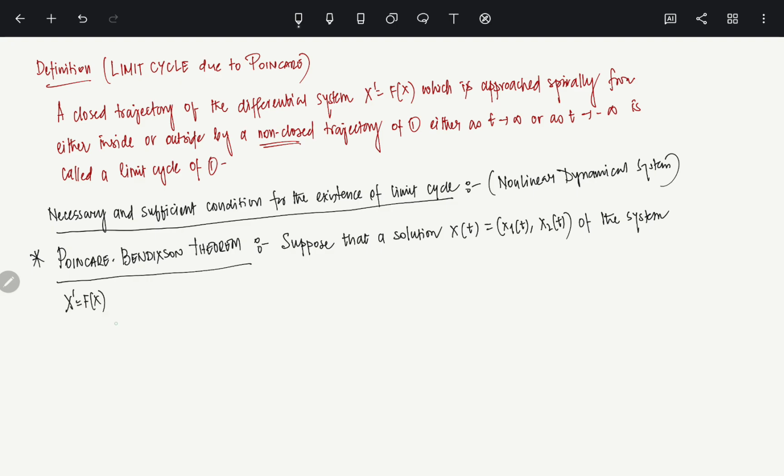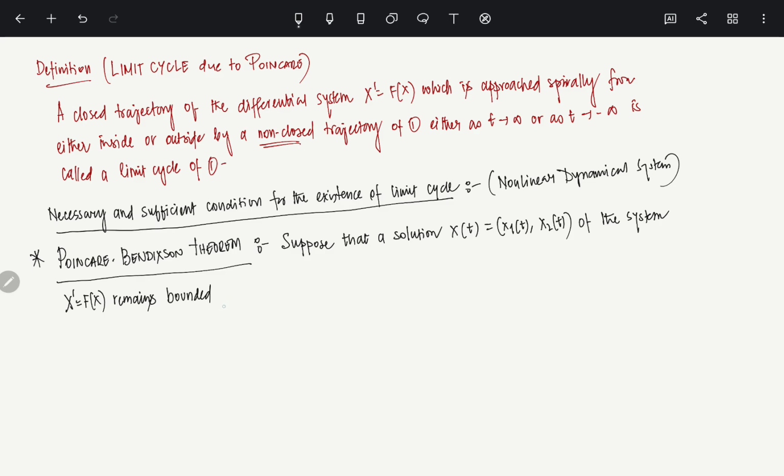So essentially we are looking at a nonlinear system. What we are saying is this: let's say that there is a solution x of t of this system, and it remains bounded.